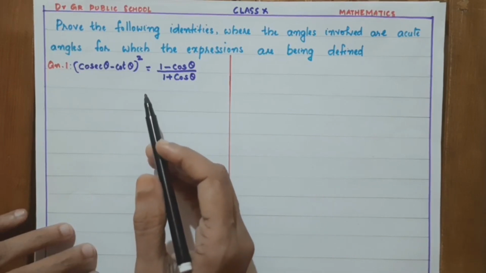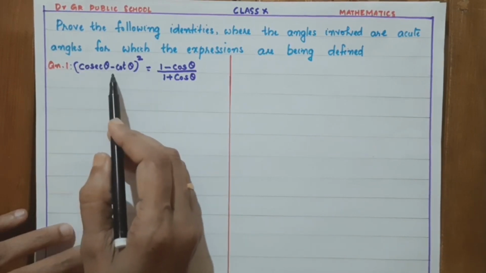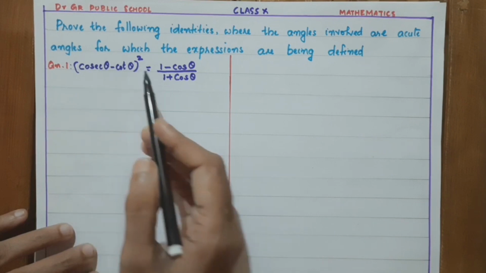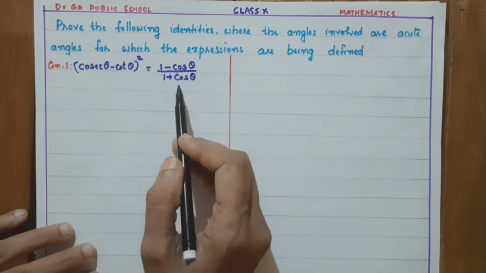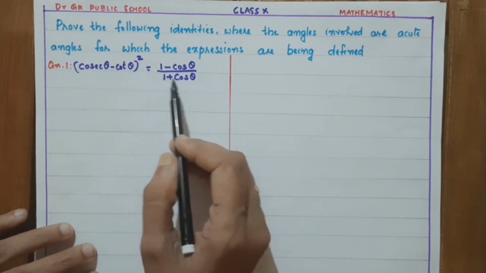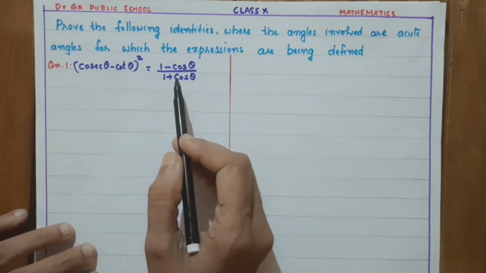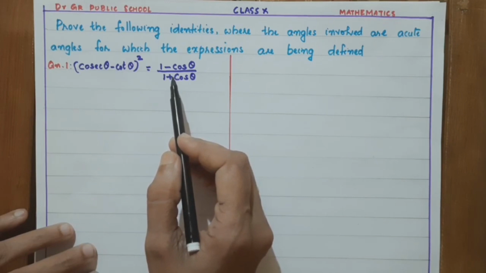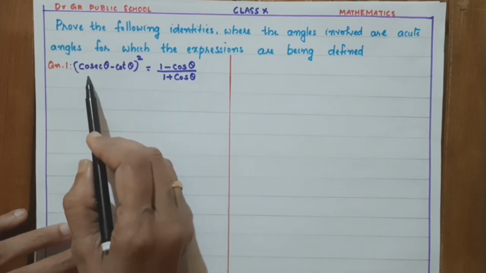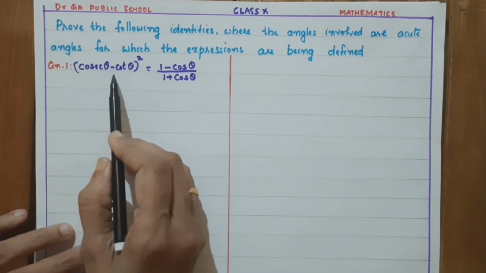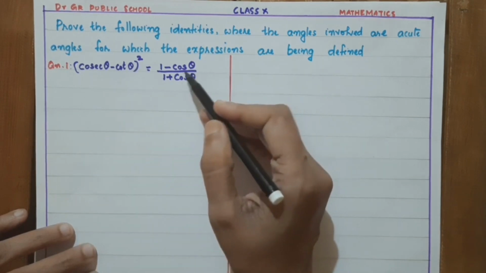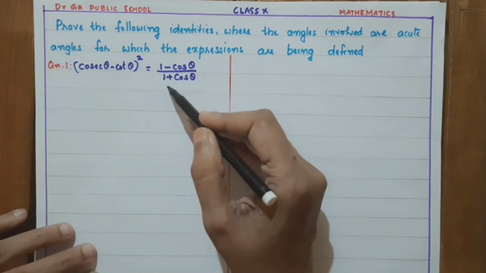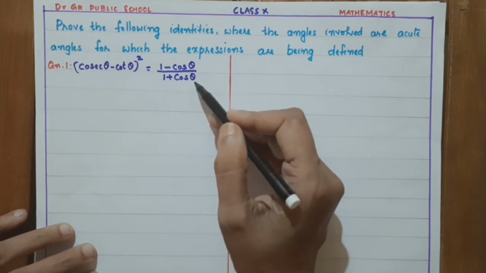When you get this type of question, you have to check what we have to prove. See here, LHS is cosec theta minus cot theta the whole square. RHS is 1 minus cos theta by 1 plus cos theta.